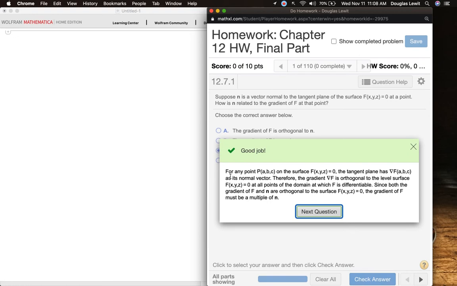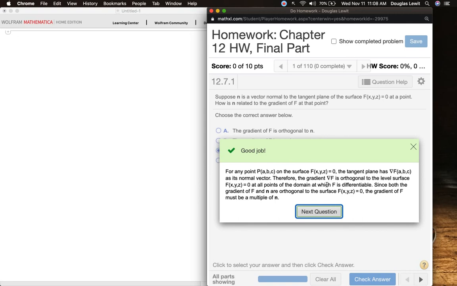For any point P of a, b, c on the surface f of x, y, z equal to 0, the tangent plane has, I believe the upside down triangle is pronounced nabla, or is it nambla? I think it's nabla. This is the symbol of the gradient. So gradient f of a, b, c is its normal vector.